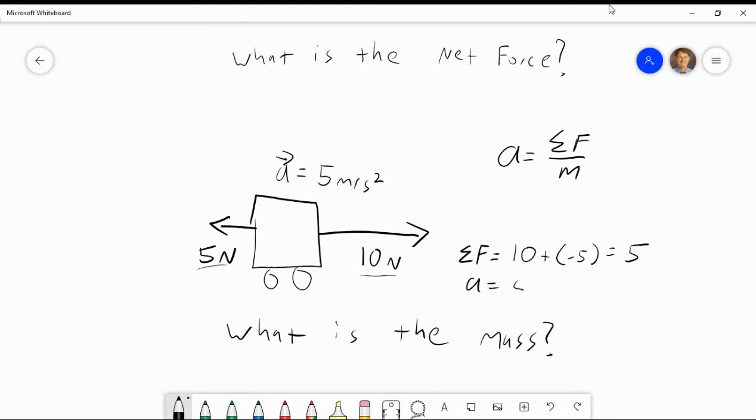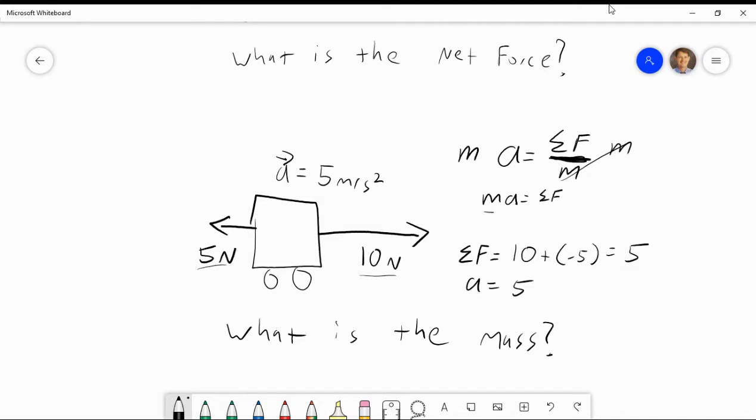My acceleration is 5. I need to find the mass, so I'm going to multiply both sides by the mass. Right? I need to get rid of the fraction, so I multiply by the denominator. Now I'm left with mass times acceleration equals the sum of the forces. But I don't want that.